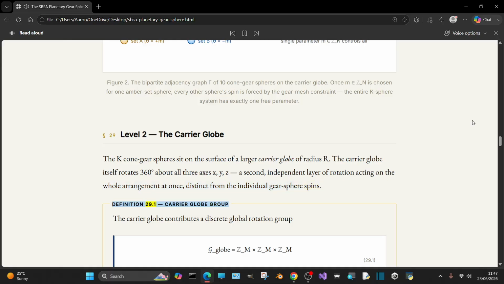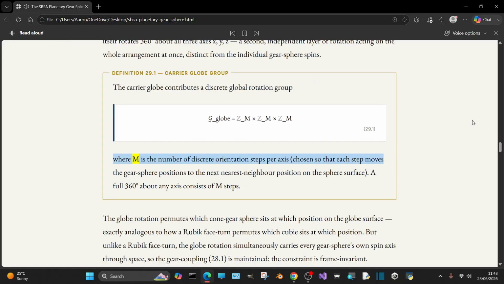Definition 29.1, Carrier globe group. The carrier globe contributes a discrete global rotation group. G_globe = Z_m × Z_m × Z_m (29.1), where m is the number of discrete orientation steps per axis, chosen so that each step moves the gear sphere positions to the next nearest neighbor position on the sphere surface.